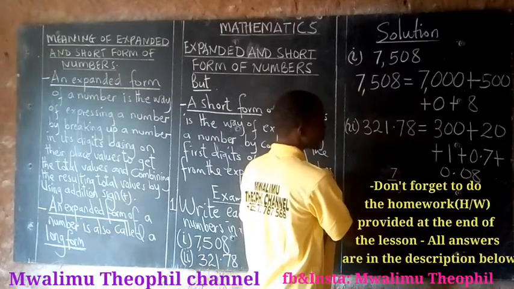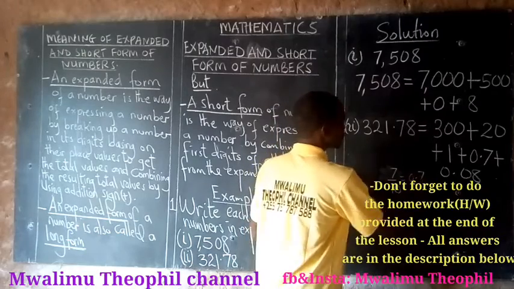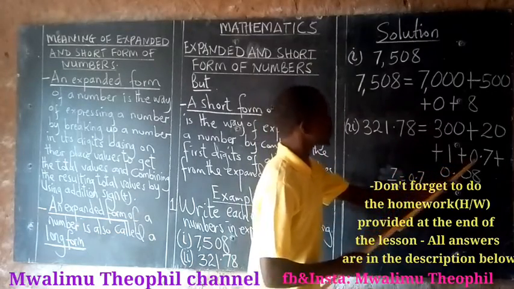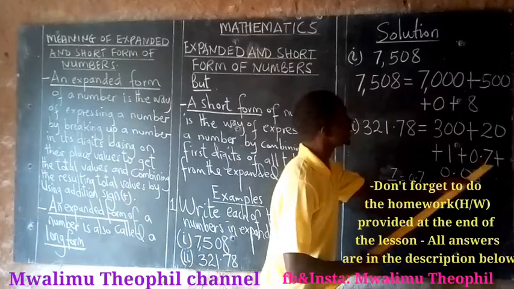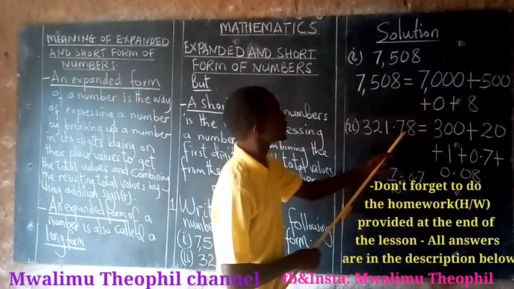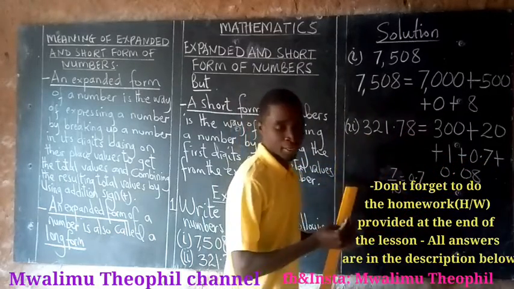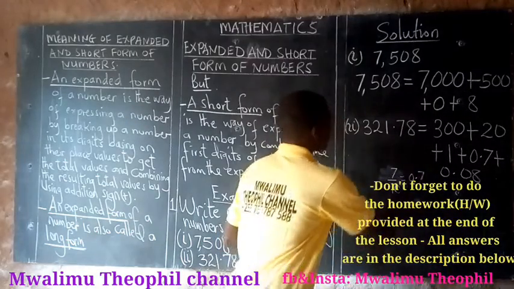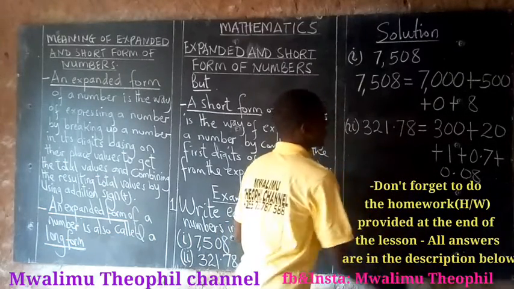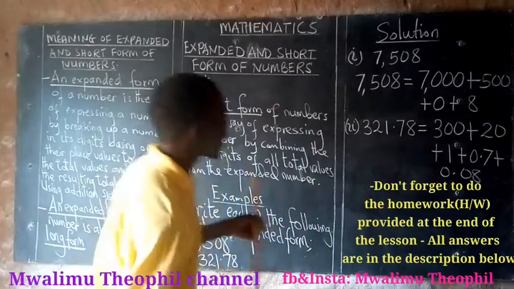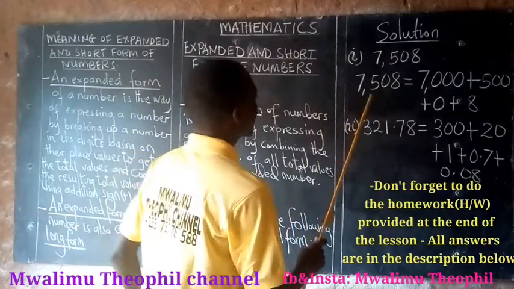So 7 over 10, you get 0.7. That is why I have written 0.7 here as the total value for this 7 you see in our number. So this is the way we write a number in expanded form.